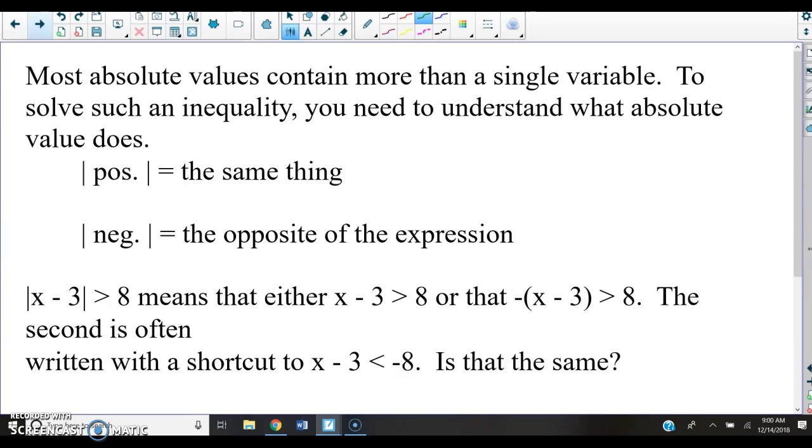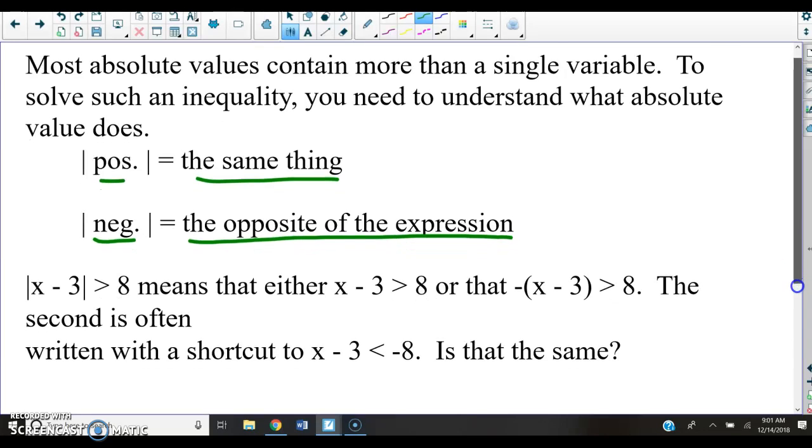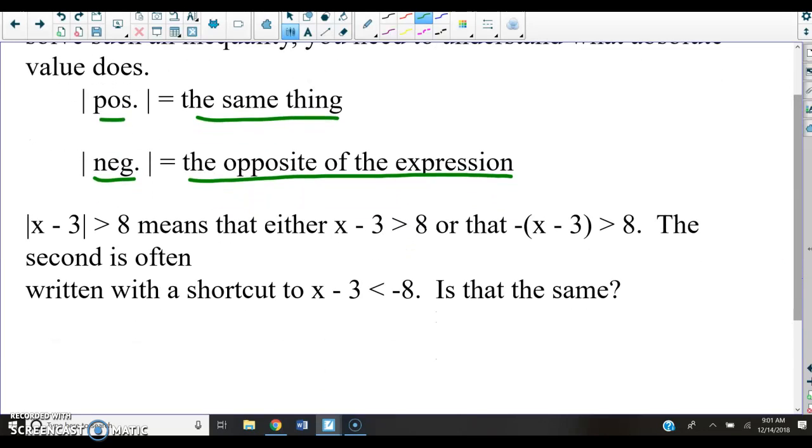Okay, so here's why that happens. When you take the absolute value of an expression, and that expression was positive, absolute value does nothing to your expression. But if you absolute value a negative expression, then the absolute value makes it the opposite of that. Okay? So the absolute value of x minus 3 greater than 8 means that either it was positive to start with, or if it was negative, it made it the opposite.